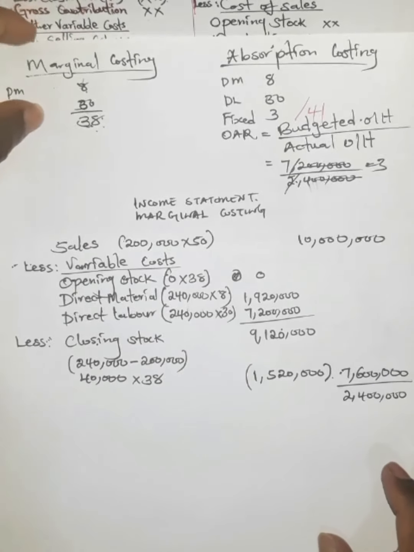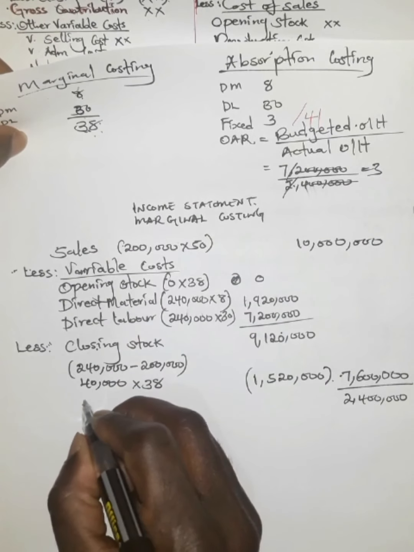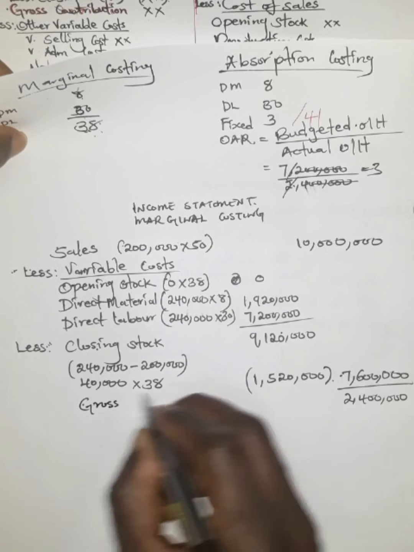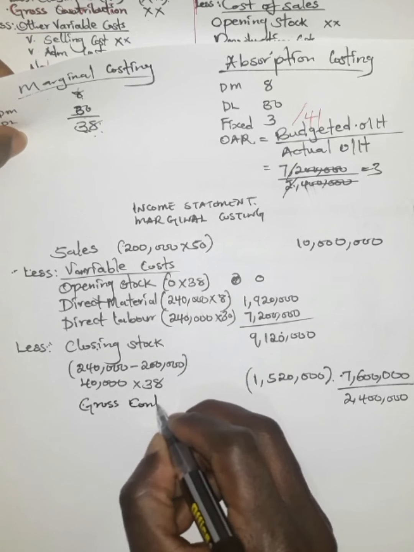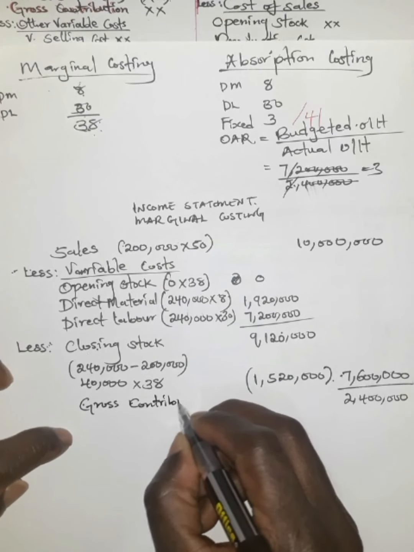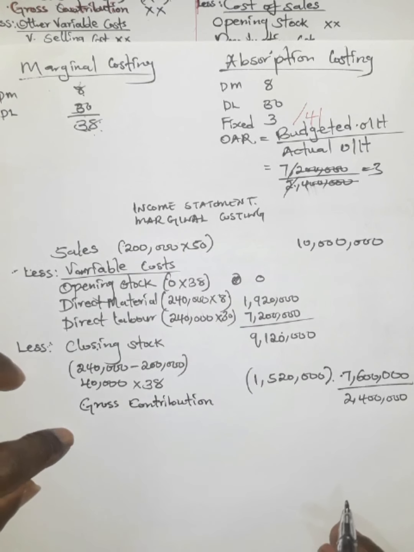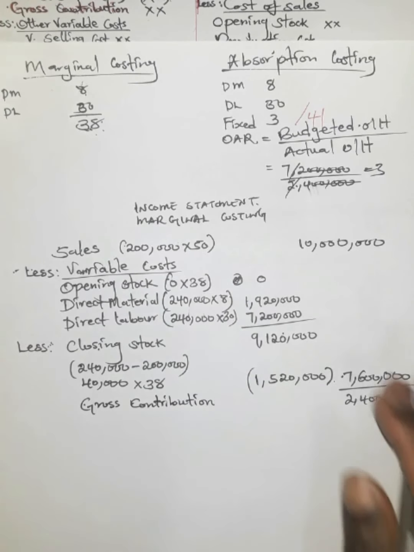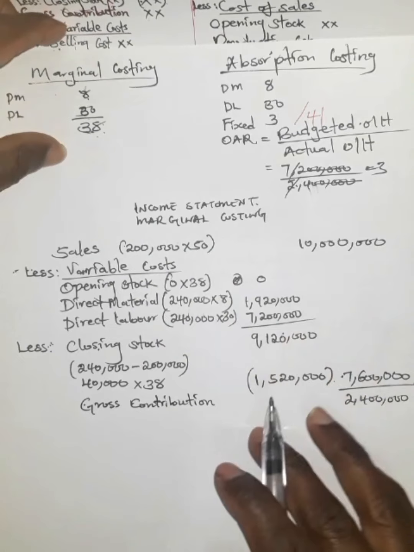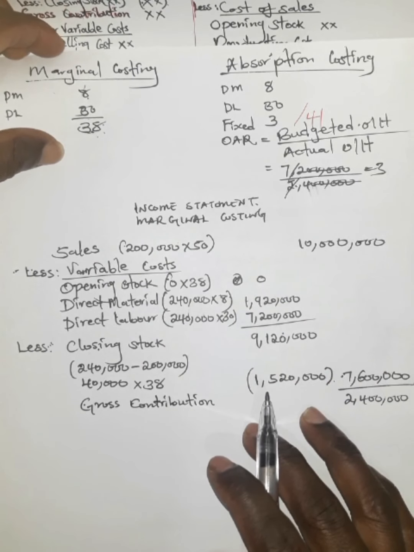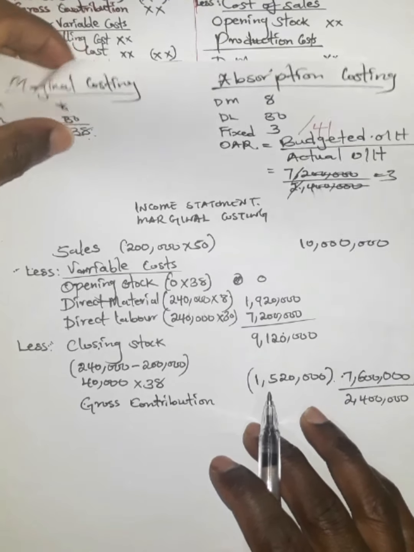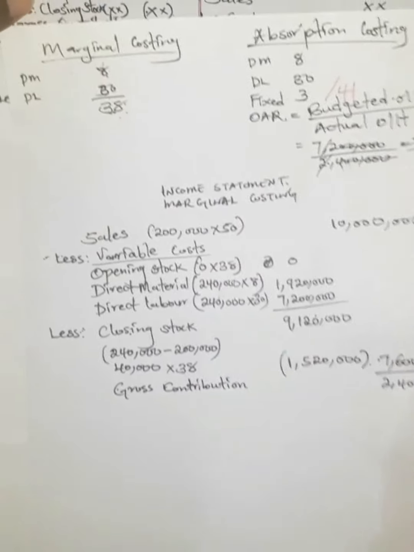Now we have the net, this is now the gross contribution. Gross contribution, the word gross means some element of cost has not been deducted. So it means we are supposed to deduct those costs to be able to realize the net profit or net loss, if any.